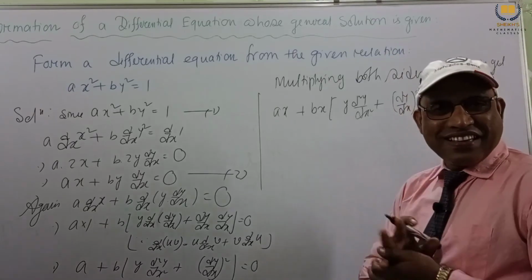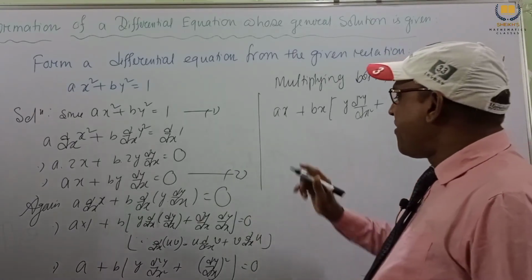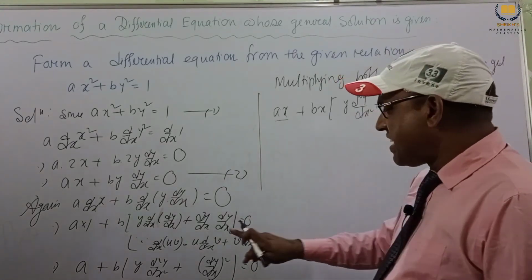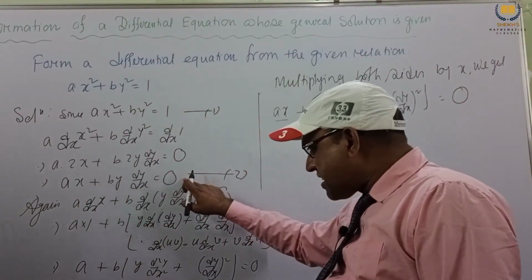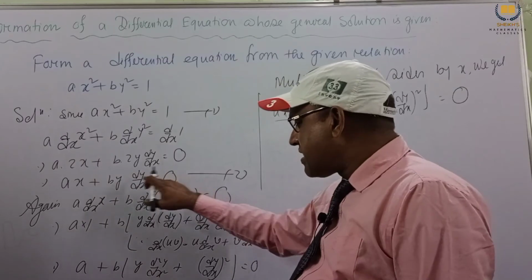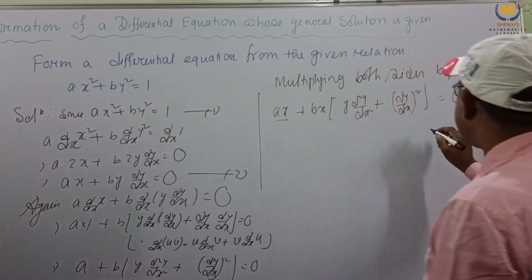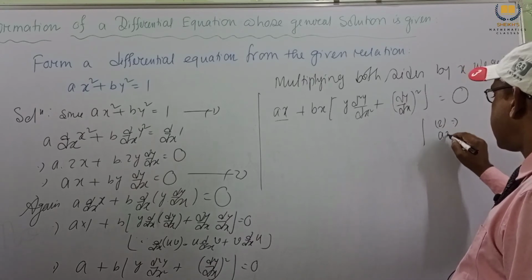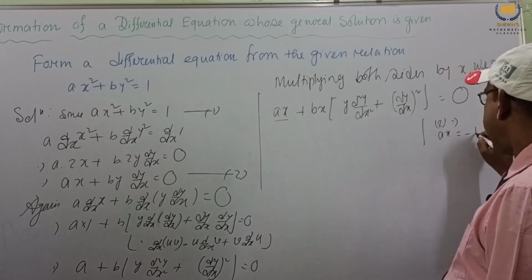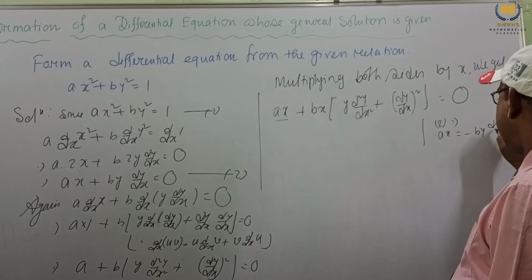We get this. Now we know the value of ax from equation 2, taking this on the right hand side: ax equals minus b y dy dx.